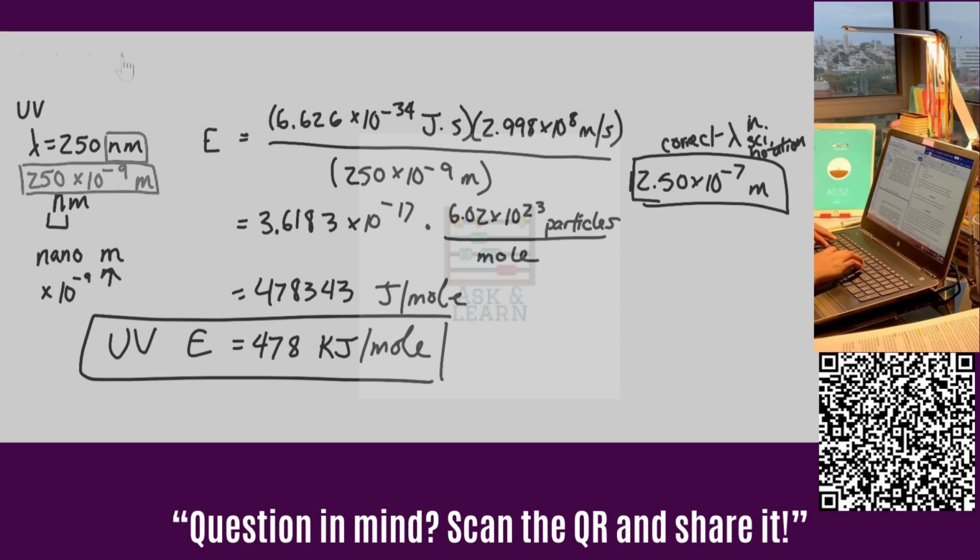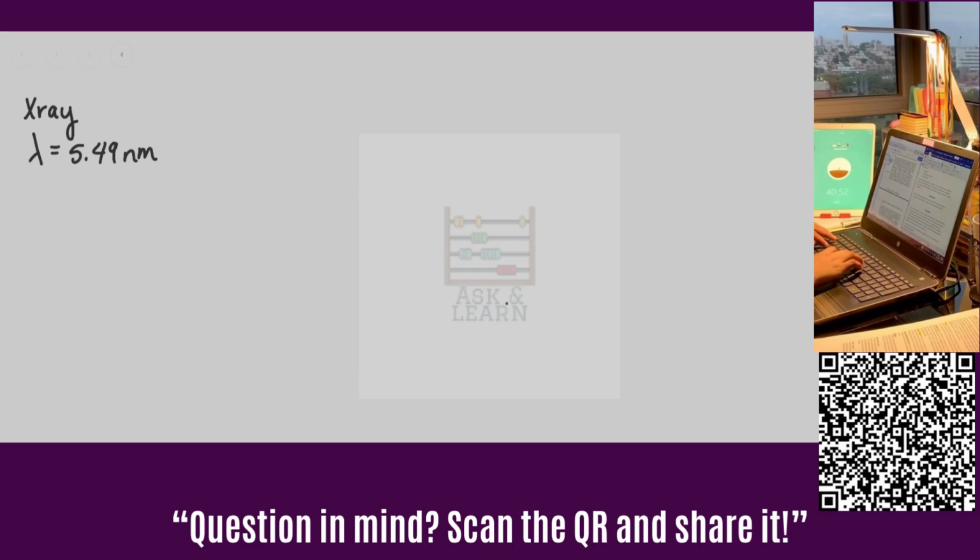We'll move on to our final one, X-ray. We could still use the same trick that I taught you before, but it also happens to be the correct way to write it in scientific notation. So you have 5.49 times 10 to the negative 9 meters.